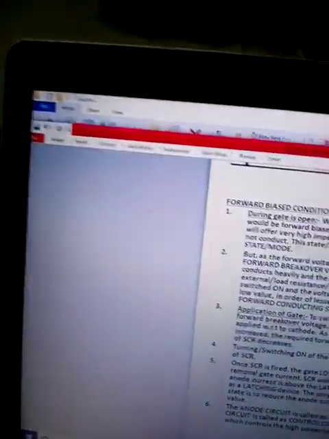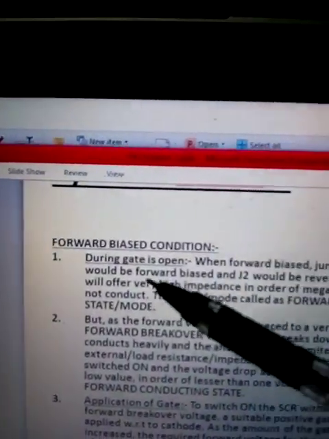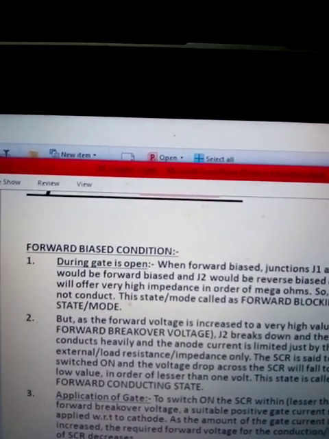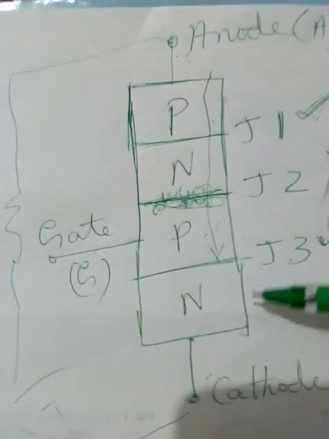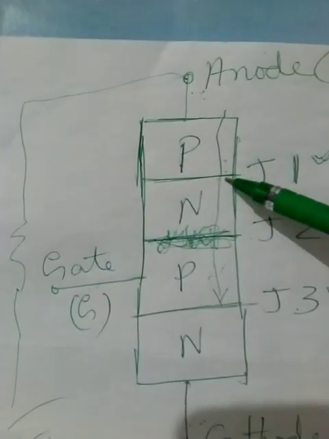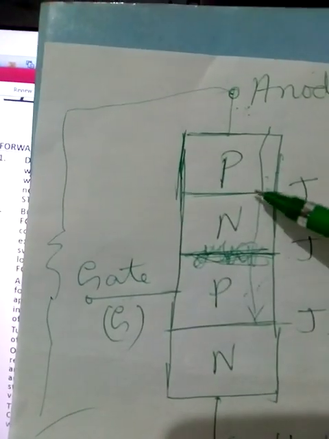First, we will take the forward biased condition. When anode is made positive with respect to cathode, junction J1 is forward biased.